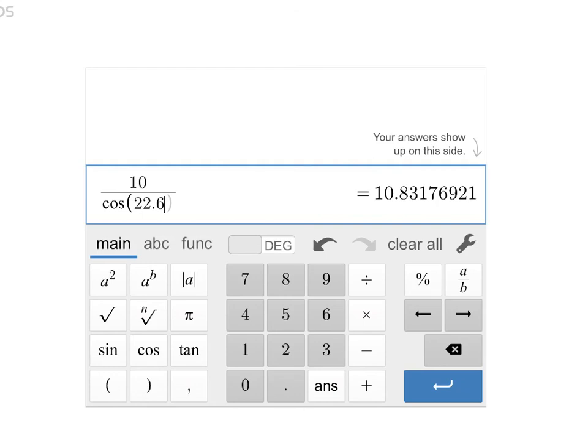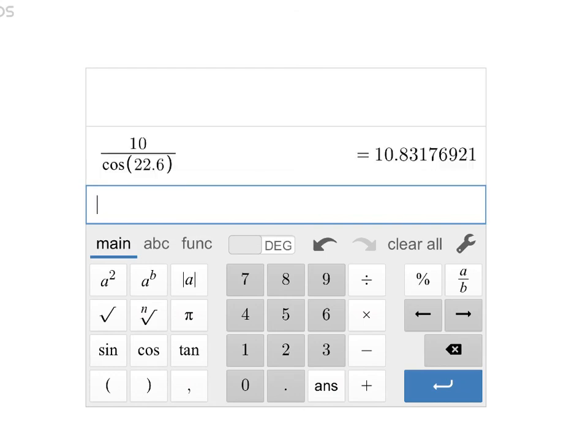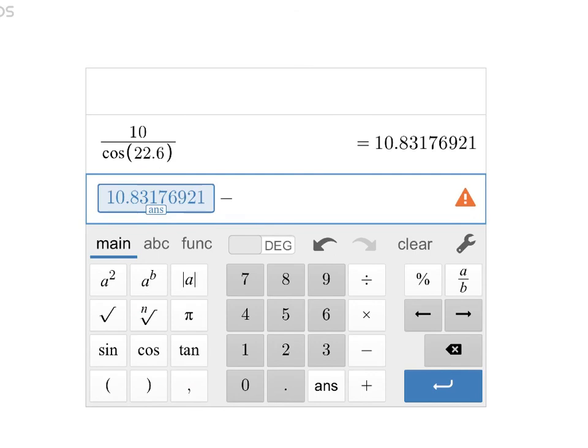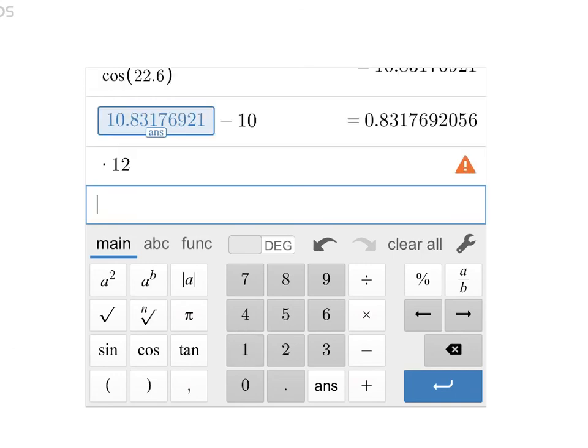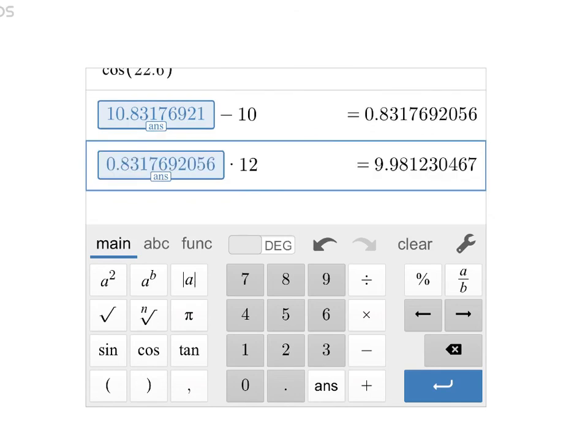If we wanted to convert that into feet and inches, we could subtract 10 from that and then multiply by 12. So that'd be about 10 inches, so about 10 feet, 10 inches.